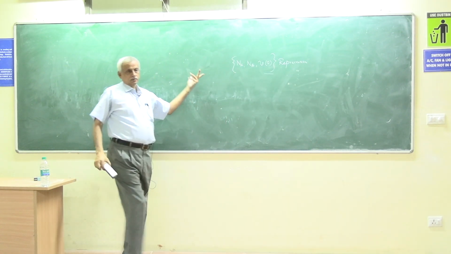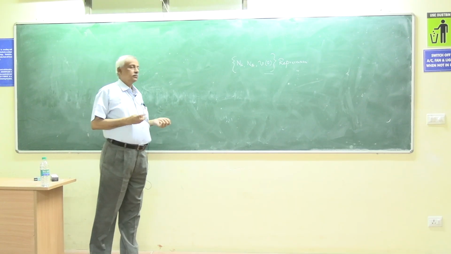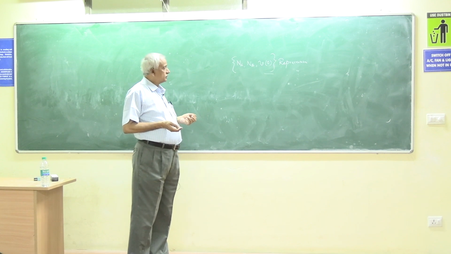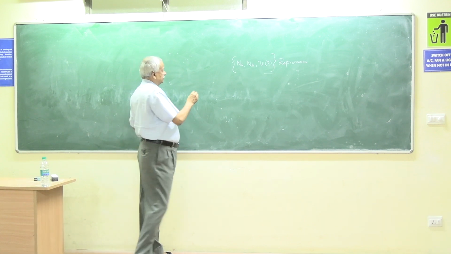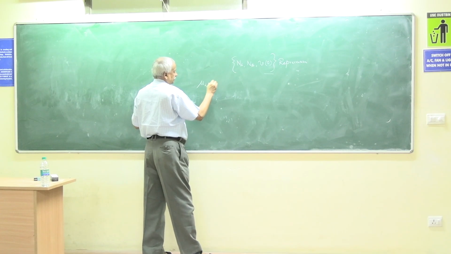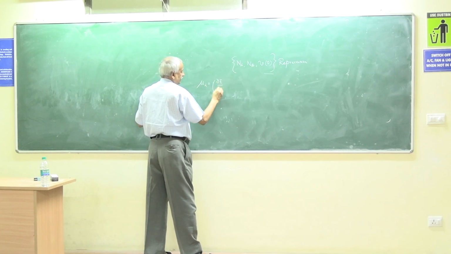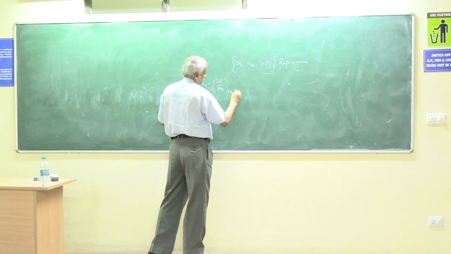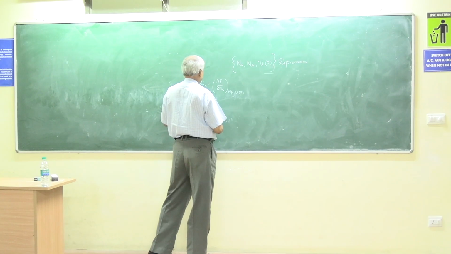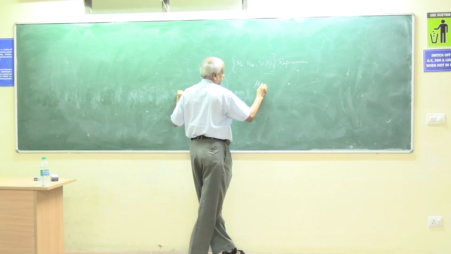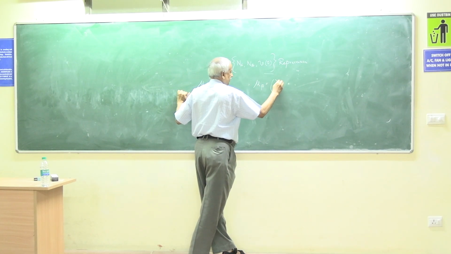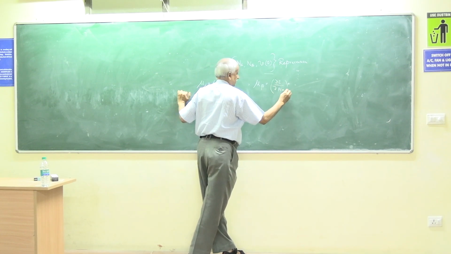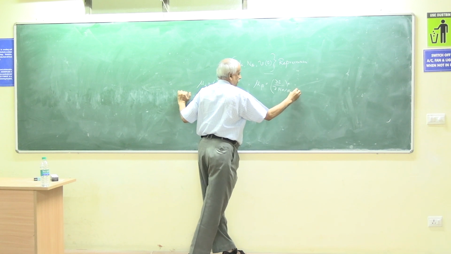We know the meaning of N alpha, N beta, etc. So, here suppose mu alpha is del E del N alpha at constant N beta, v(r). Mu beta is del E del N beta at constant N alpha, v(r).